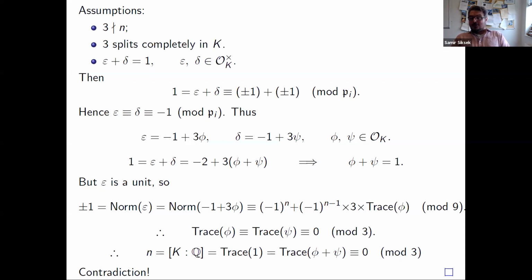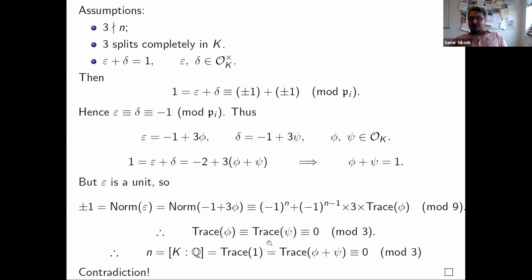And then I'll stop here because I only actually care about things mod 9. And I look at this, and you see I have a sign here and a sign here, and these two signs have to agree modulo 3. And if two signs agree modulo 3, they have to be equal. So whatever this sign is here, it's exactly equal to that. So if I take it to the other side, I get 0. And then I deduce that the trace of phi must be divisible by 3.